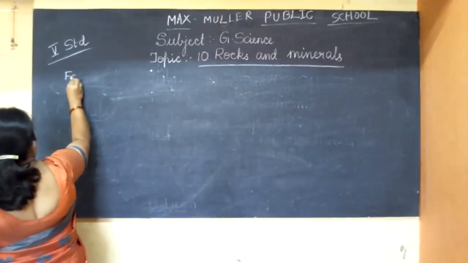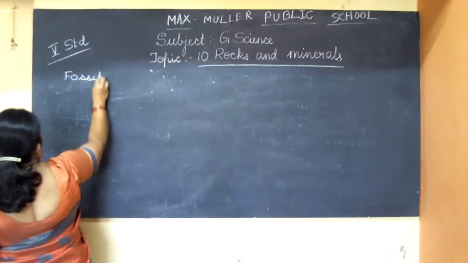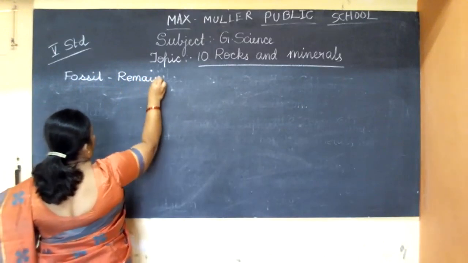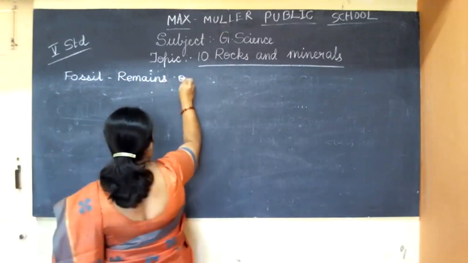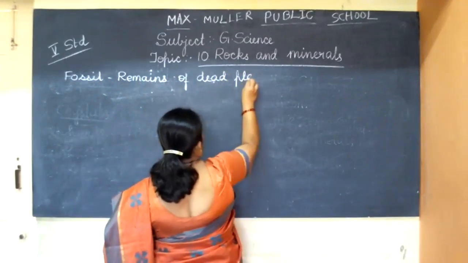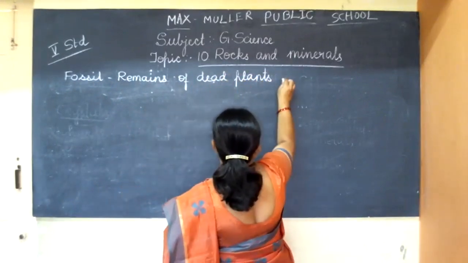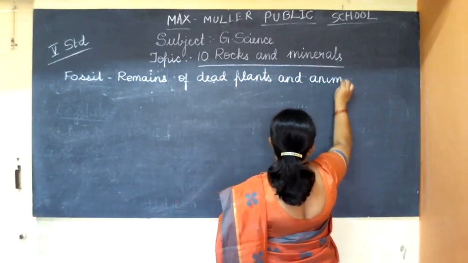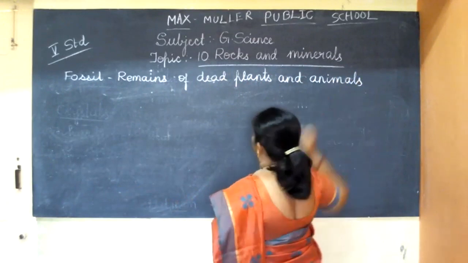What is that? Fossil. So what do you mean by fossil? The remains of dead plants and animals which are present in the rocks, in the sedimentary rocks.